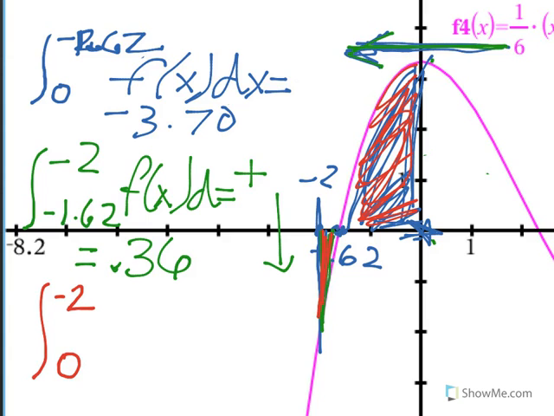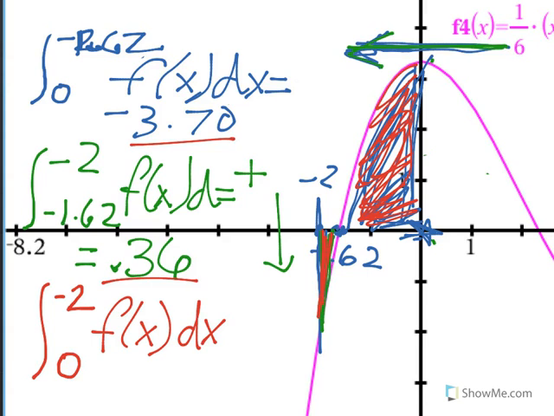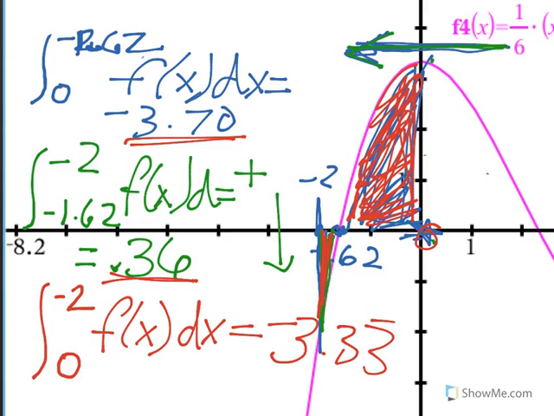So we want to find the net area of this whole red section, 0 to negative 2 of f of x dx. That's going to be these two added together, which comes out to be negative 3.33. So the net area of this whole section from 0 to negative 2 is negative 3.33.